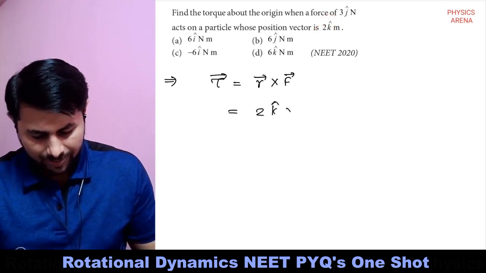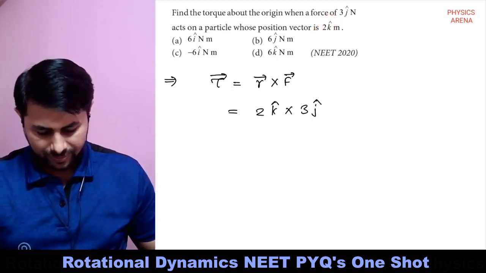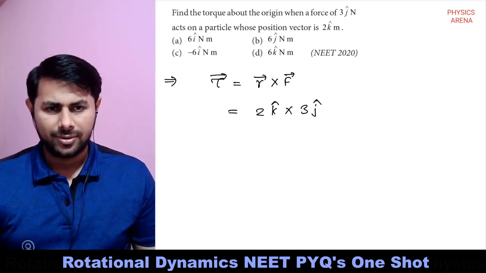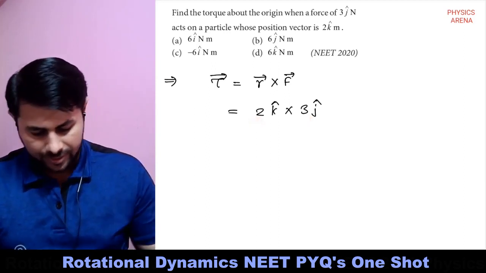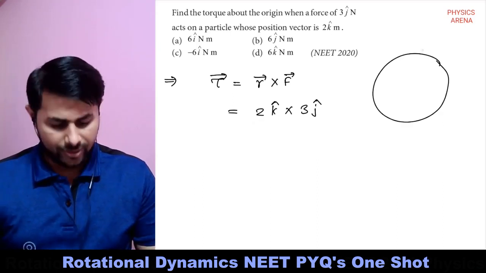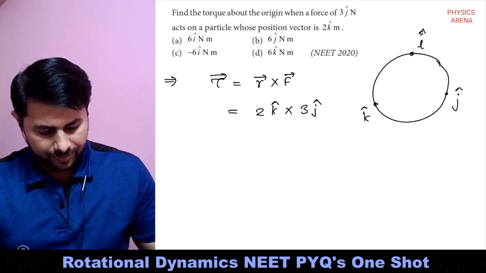So it is 2 k cap cross minus 3 j cap. Remember the rule? Good. 2 times 3 is 6. And we have this rule when we take the cross product of i cap, j cap, k cap.